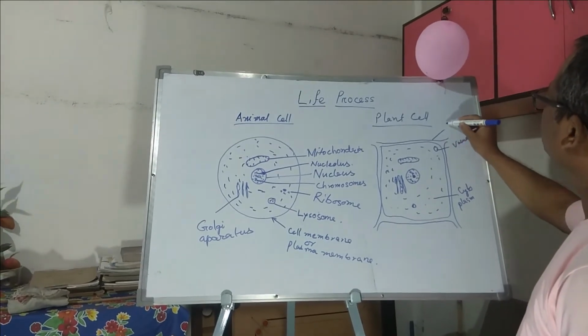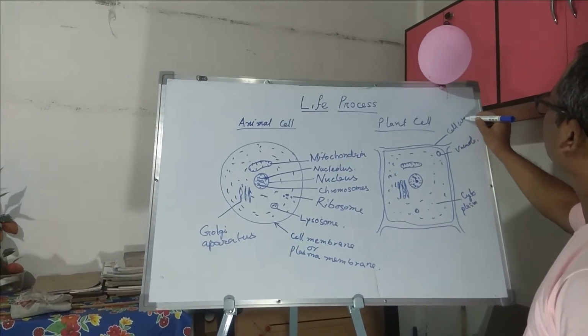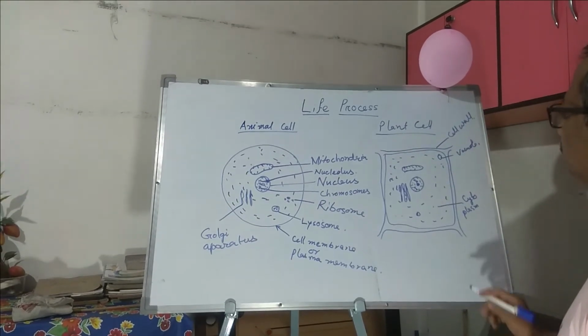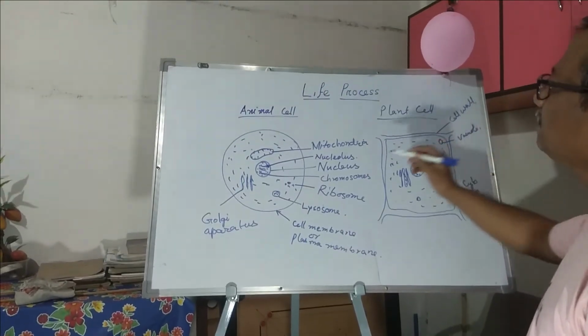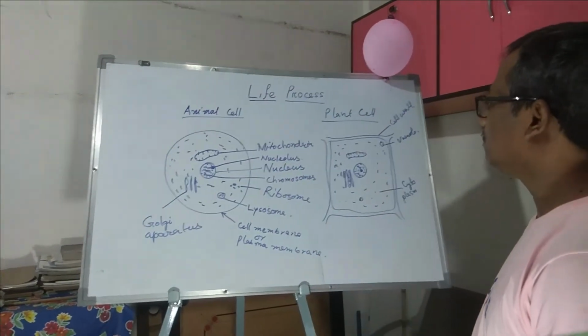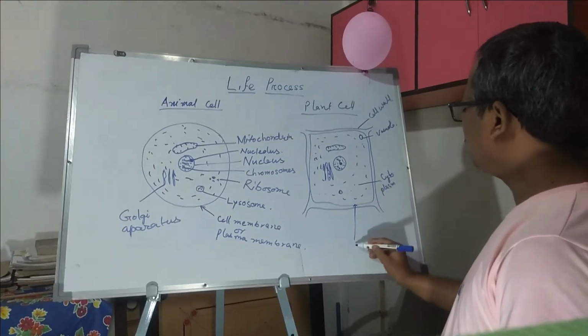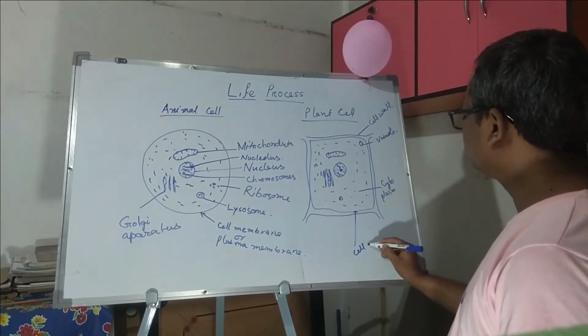This is the cell wall. In plant cells, the cell wall is present, but in animal cells, the cell wall is not present. This is the cell membrane. Inside the cell wall, there is a cell membrane.